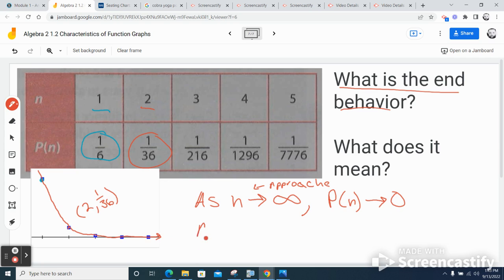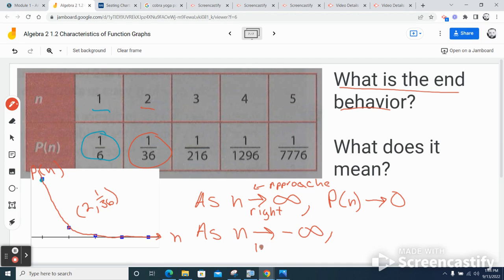Now, what about as n approaches negative infinity? That means we're going to follow the curve towards negative infinity this way, right? So remember, we've graphed, this is n, and this direction up here is p of n. So this means as I go to the right on the graph, my y value approaches 0.